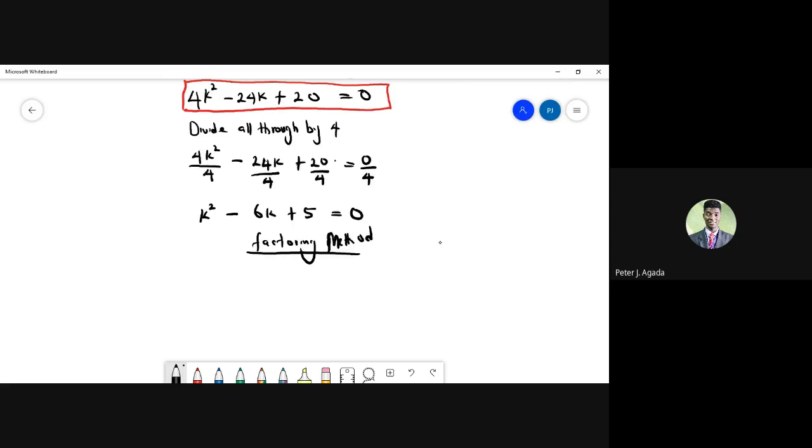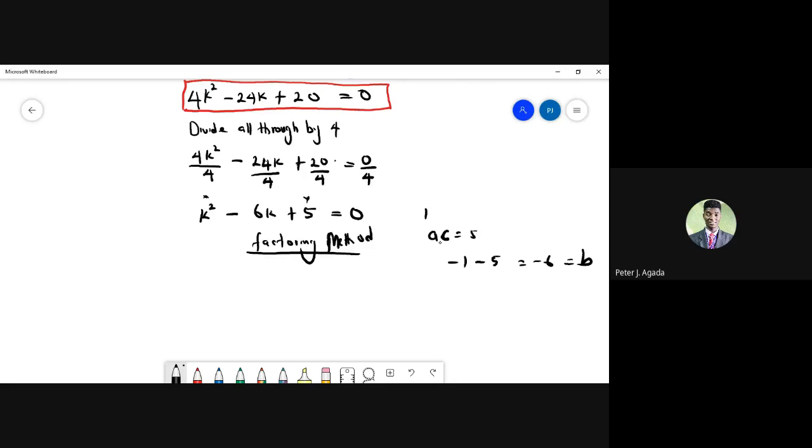Okay, so from this part, we find numbers that we can multiply. Our coefficient AC is 5, and two numbers that we add is -1 and -5, and we'll have -6, which is equal to our B. So our AC is 5.